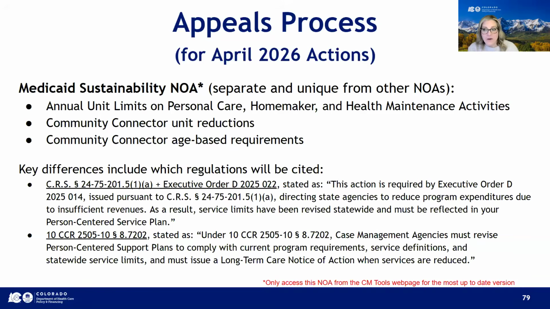This is the NOA that you'll be sending to members regarding the executive orders that have been put forth for us to be able to complete these actions for April 1st forward. This includes annual units on personal care, homemaker, and HMA, community connector unit reductions, and community connector age-based requirements.